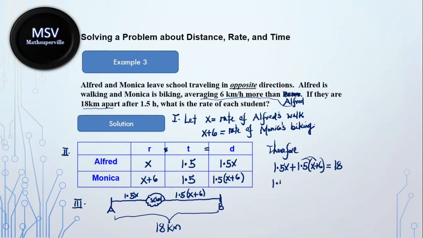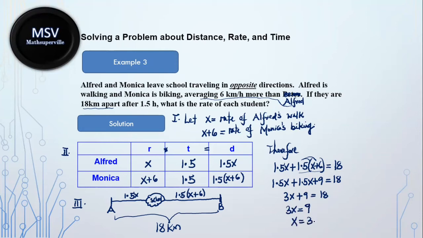So we have 1.5x plus, we look at this expression, so we get 1.5x plus 9 is equal to 18. So we get 3x plus 9 is equal to 18. And so 3x is equal to 9. And so x is 3.